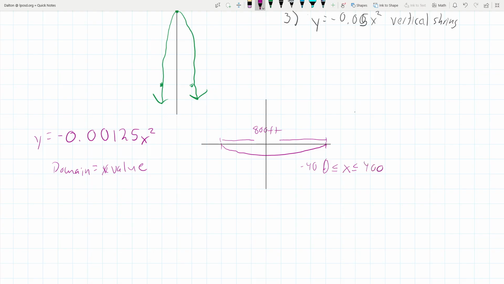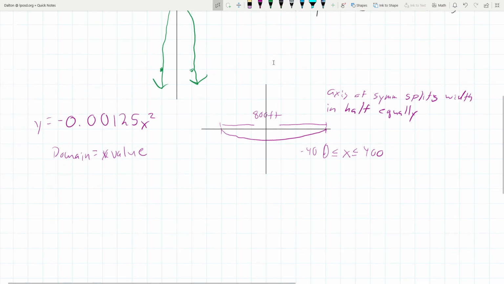And what this does is it has our axis of symmetry splitting the width in half equally. And that's actually really important in engineering. We don't want something to be carrying more weight, otherwise it's more likely to fail. All right.